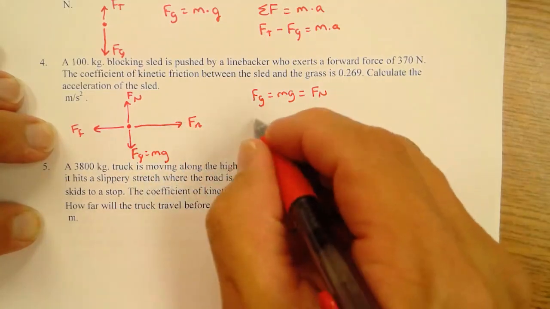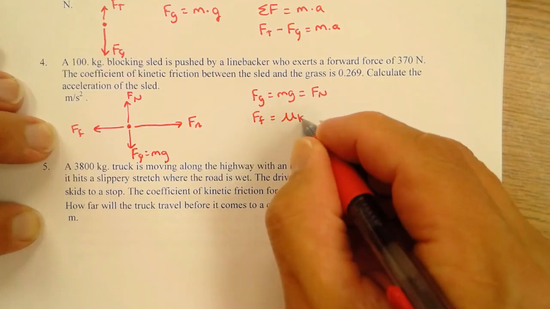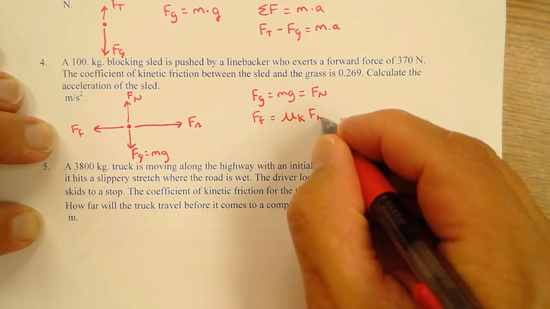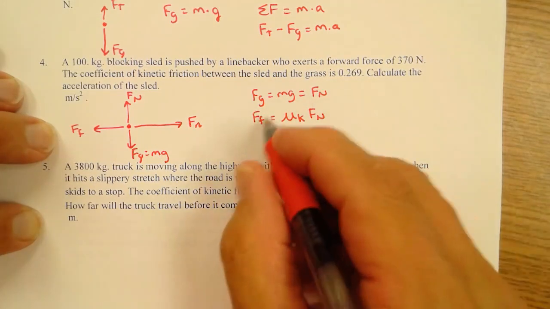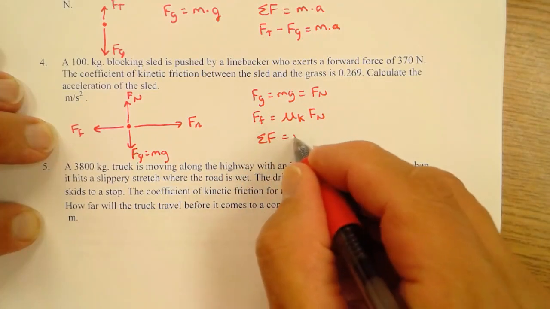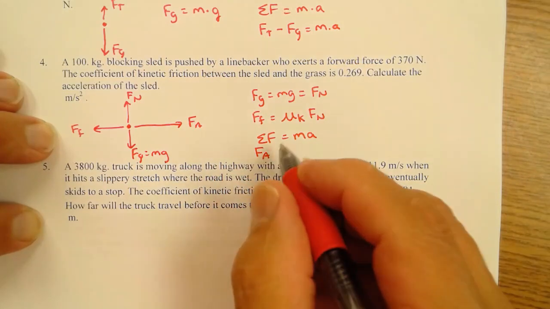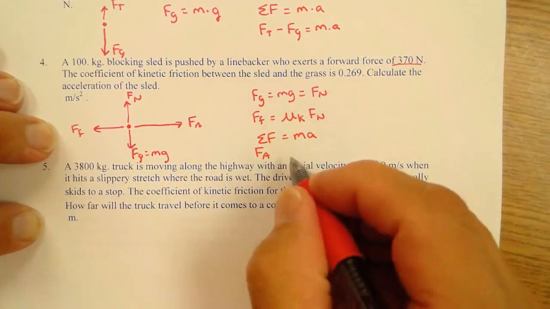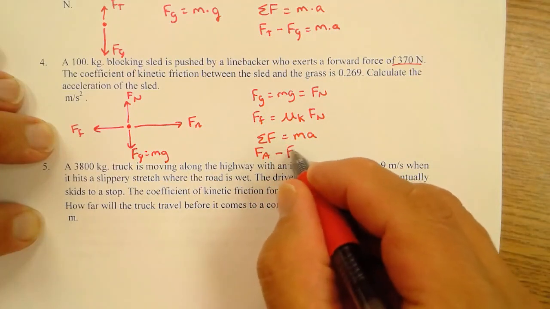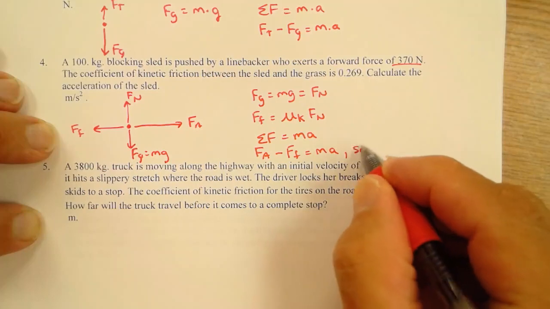So we know the normal force. The second thing we want to do is find the friction force, that since it's moving is mu sub k times the normal force, which we found up here. And then once we find the friction force, now we can apply Newton's laws. The sum of the forces will equal m times a, and the sum of the forces will be the applied force, the linebacker's applied force, minus the friction force, which you found here. And now you can solve this equation for a.